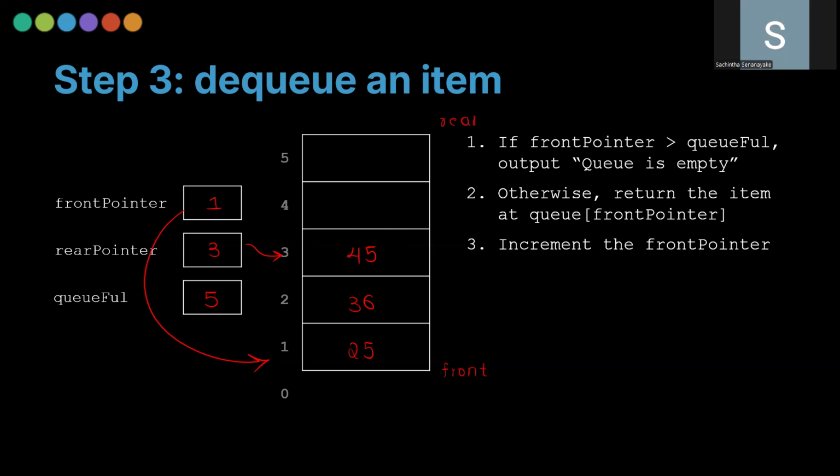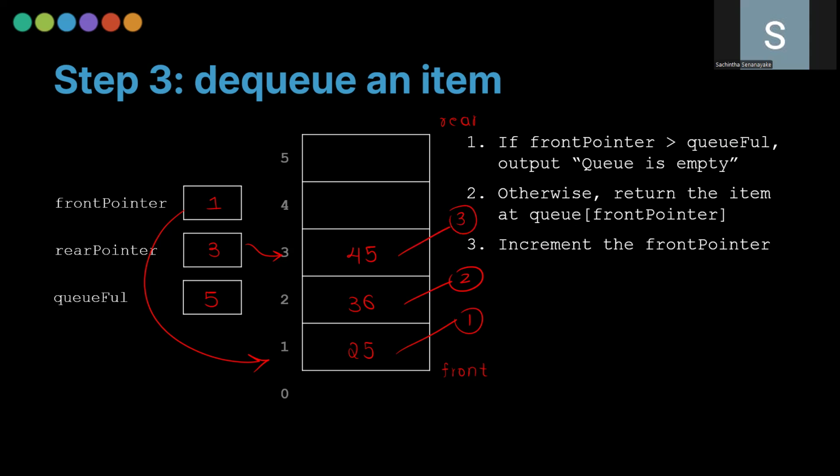As a result, 25 was added first, 36 was added second, and 45 was added third. Therefore, because of the first in, first out basis, the first item added to the queue, which in this case is 25, should be the first item removed from the queue. Thereby, 25 should be the item to get removed next.